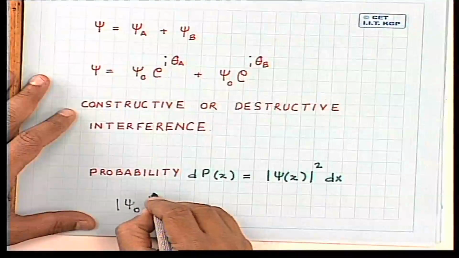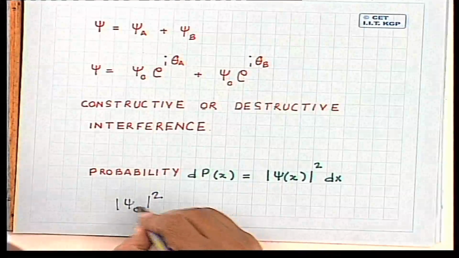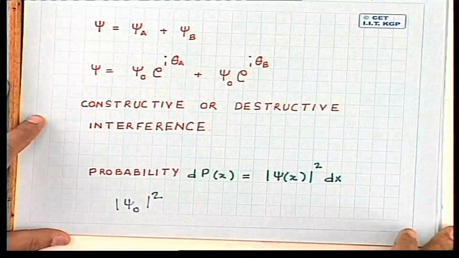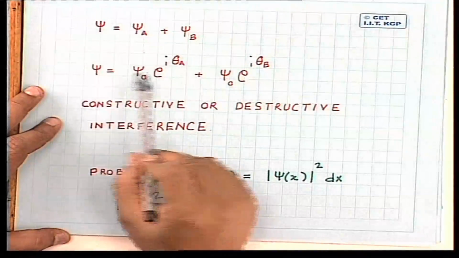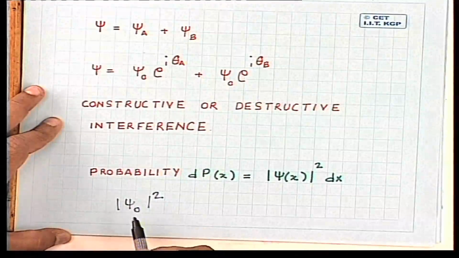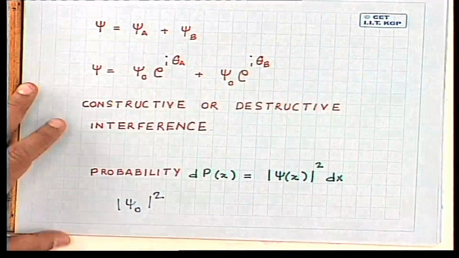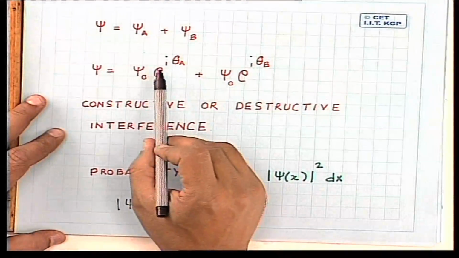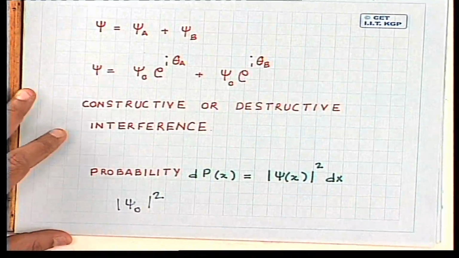So psi naught square is the probability which you would expect if there were no interference and only one slit were open, but when both are open, the resulting probability could be either more than this or less than this, depending on the phase at which the electrons arrive, depending on the relative phase between the two secondary waves.